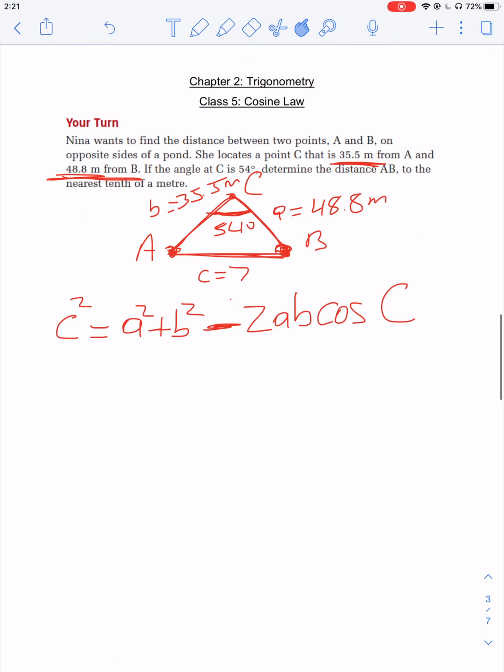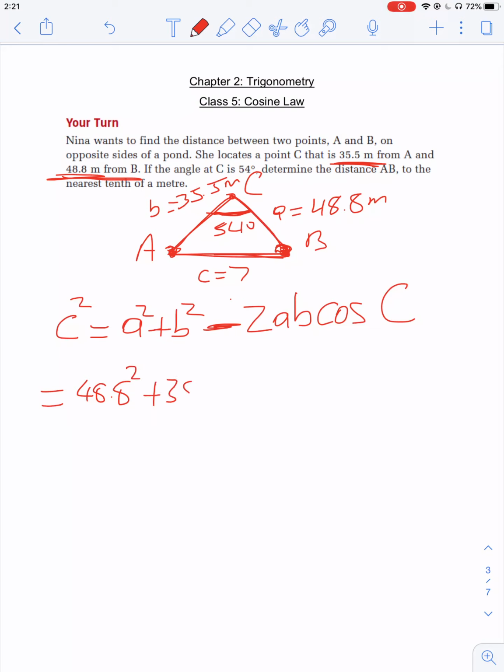Now, plug in what you know. I think I should have enough space this time, but just in case, I'm gonna put my equal sign over here, okay? So a is 48.8, so you square that.